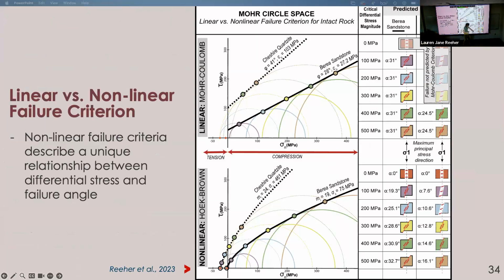And the interpretive implications of using linear versus nonlinear: with different differential stress magnitudes for intact rock failure, for the linear failure criteria, you always get the exact same failure angle. But when you apply a nonlinear failure criteria, you see a systematically increasing failure angle with increasing differential stress. And that has to do with this nonlinear relationship between the point of failure and the differential stress magnitude.